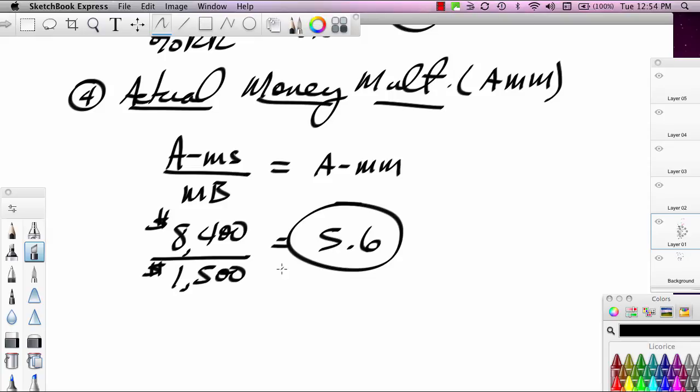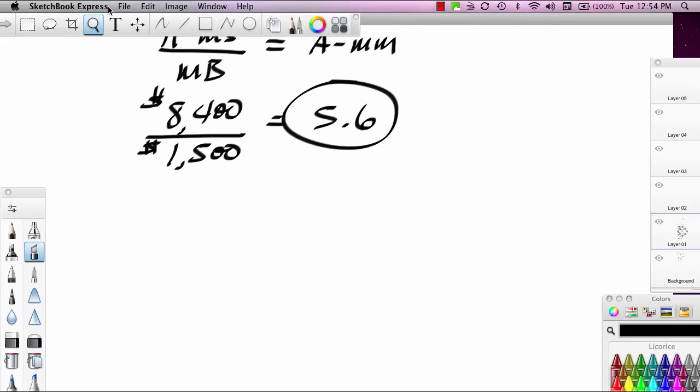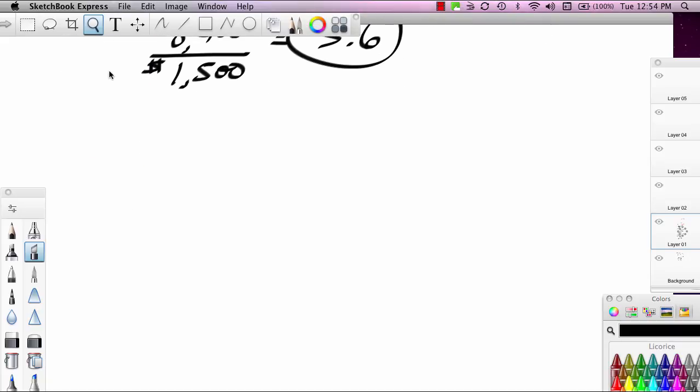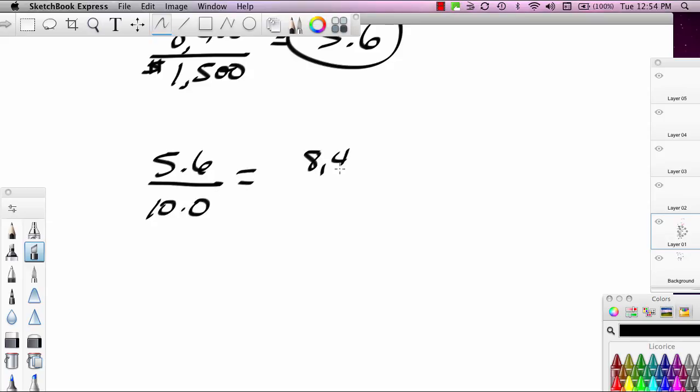There's an interesting little fact here. I'll just point it out. You maybe already have made the connection, but if you haven't, it's okay. If you take 5.6 and compare it to 10, that's the same ratio as 8,400 compared to 15,000.